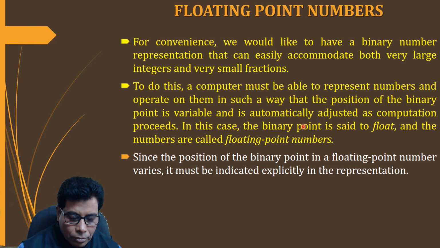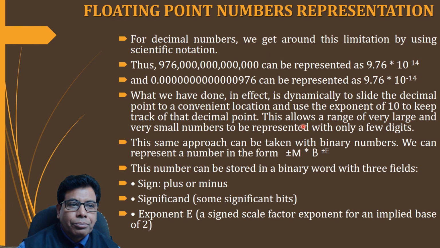Now since the position of the binary point in a floating point number varies, it must be indicated explicitly in the representation. This will be done when we do the actual normalization. For decimal numbers, we get around this limitation by using scientific notation.